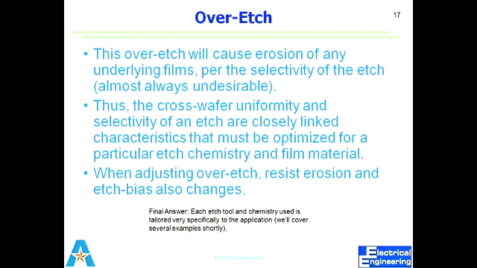Okay, now this slide talks about how the cross-wafer uniformity and selectivity of an etch rate are closely linked, as we discussed before. Similarly, there are drawbacks of over-etching. If you are over-etching, it needs to be very calibrated. You should know what the etch rate is, and according to that I can go for over-etching. If my etch rate is very high, maybe 10 seconds would be more than enough for over-etching.